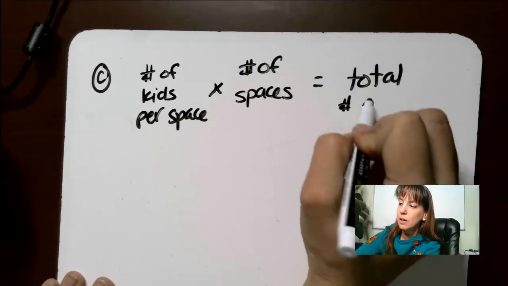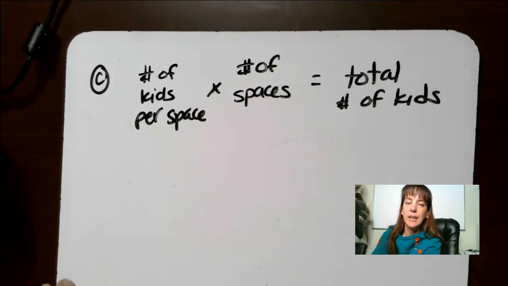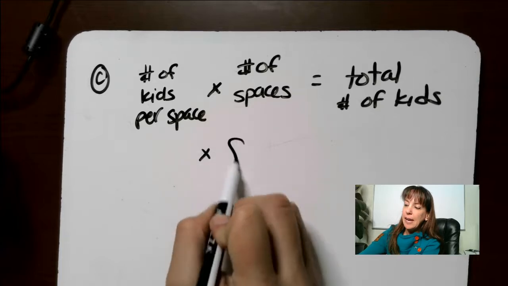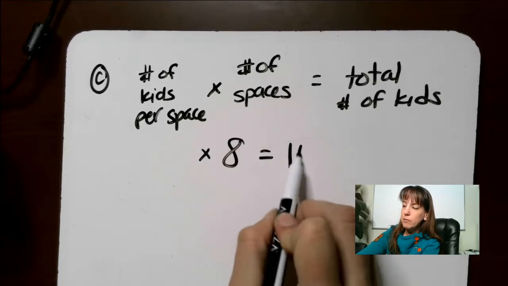Because we take our groups and we multiply them together, right? So there were 148 kids that had to be crowded as evenly as possible into 8 spaces. So the number of spaces, 8. Total number of kids, 148.